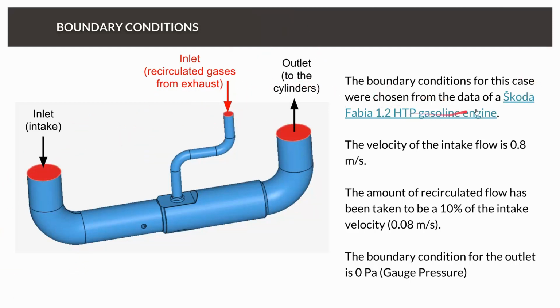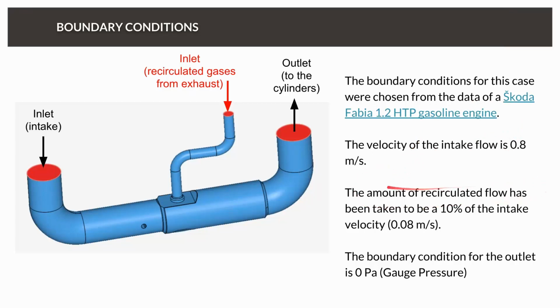In this case, we took some data about the Skoda Fabia 1.2 HTP gasoline engine. It's just an example, just to have some typical values. The velocity of the intake flow is approximately 0.8 meters per second.